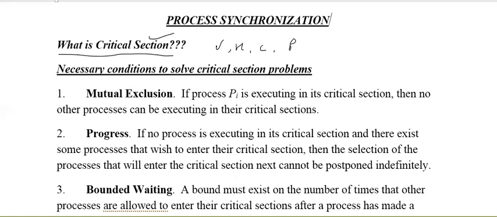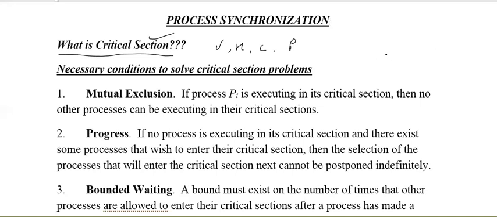If somehow we can secure our critical section effectively, then we can avoid all those kinds of errors. So let's focus on how we can solve the problem which arises because of that critical section.